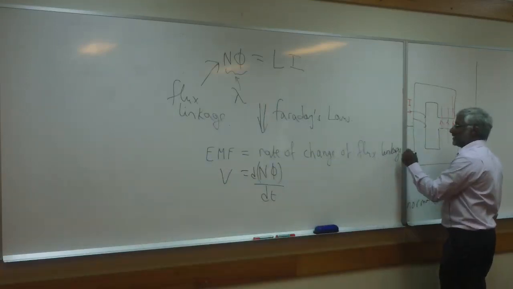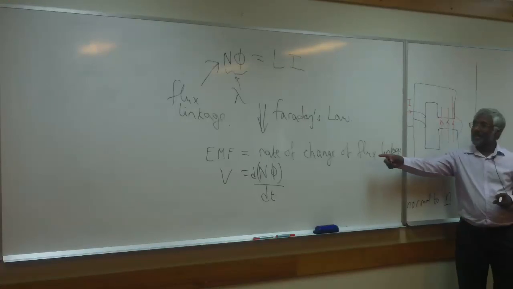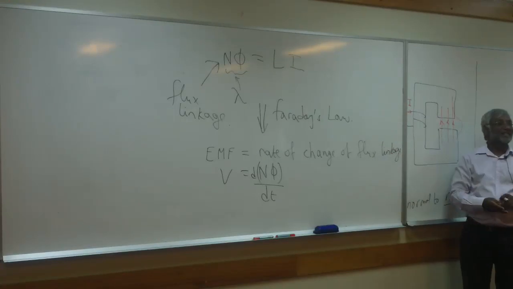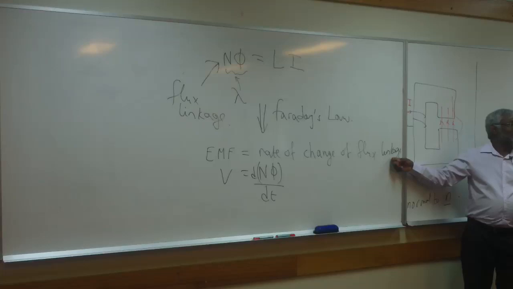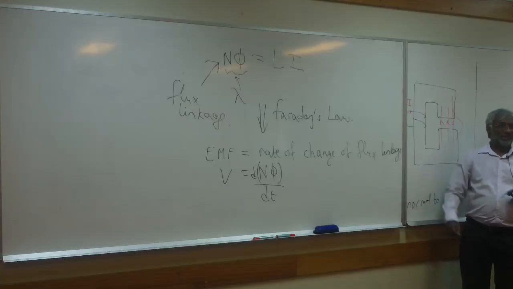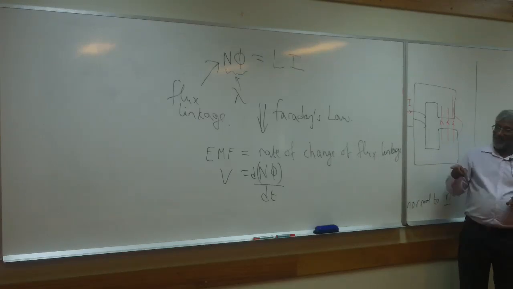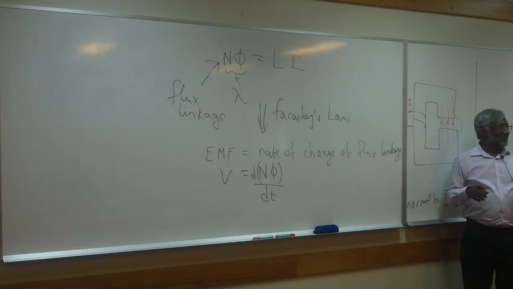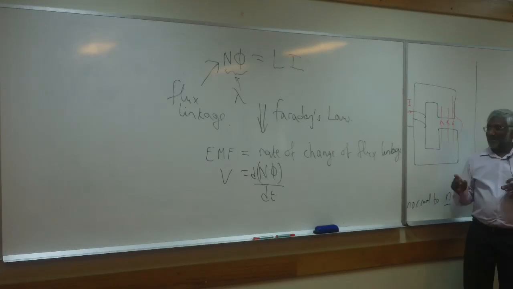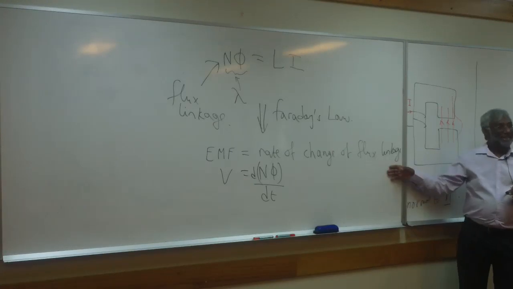That's what I should be saying. So EMF is rate of change of flux linkage. A lot of people drop that, which is not right. In fact, I myself have got into trouble by dropping this because I forget. Instead of saying V equal to d(NΦ)/dt, I say V equal to dΦ/dt, which is wrong. So it has to be the rate of change of flux linkage.